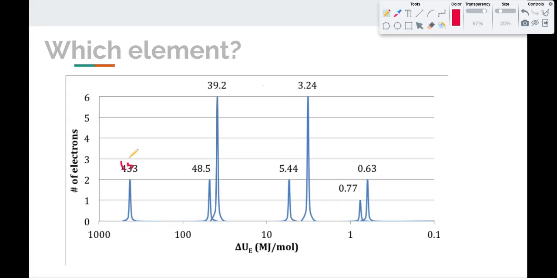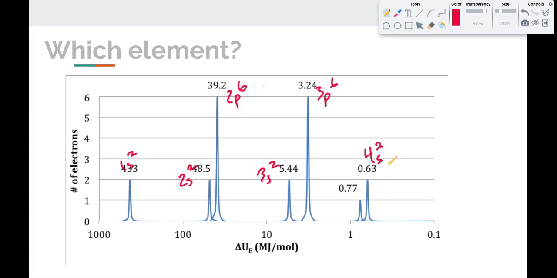Let's try this one on. This is a 1s2, 2s2, 2p6, 3s, population 2, 3p, population 6. So the first 3 shells are full. And then we got these 2 little spikes here. One of them goes up to 2, and the other one only goes up to 1. This one here is the 4s subshell.